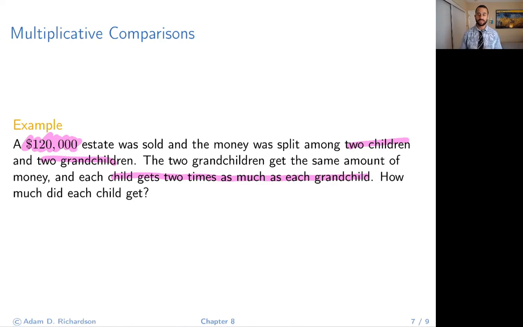So how could we do this? Now, again, you might be tempted to go straight to, oh, 2x plus 2x equals 120,000 and blah, blah, blah. Avoid that. Let's do a strip diagram. If we're talking about $120,000 and we're trying to figure out how to divide it up, let's just pick a strip that's going to represent $120,000, like so. I'll do it down here.